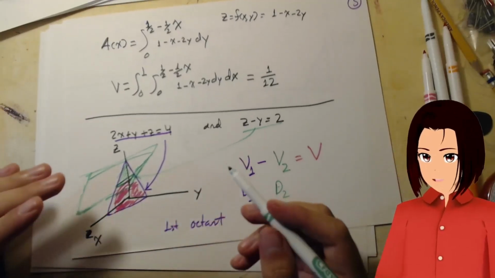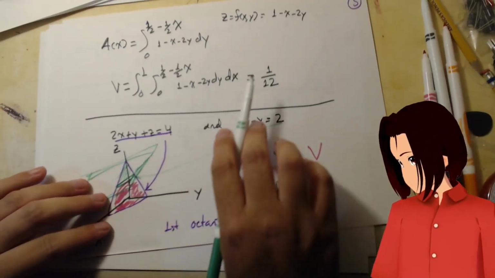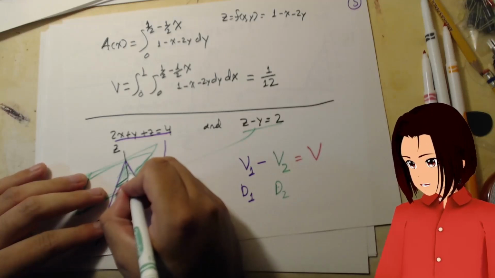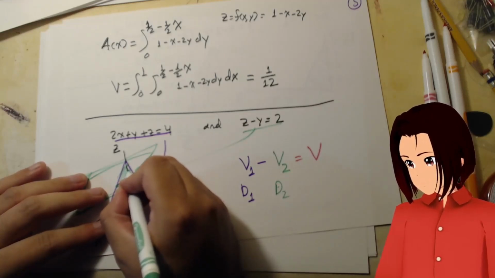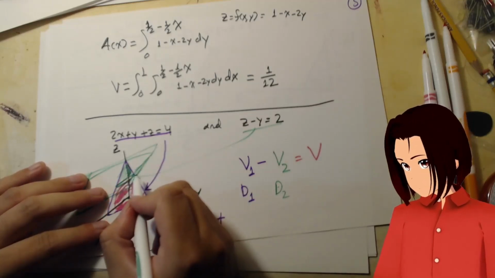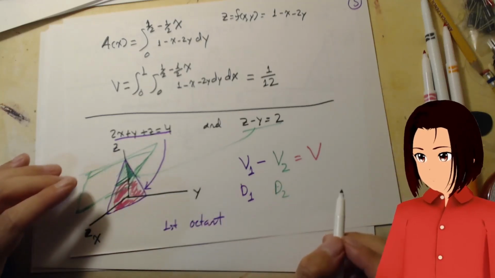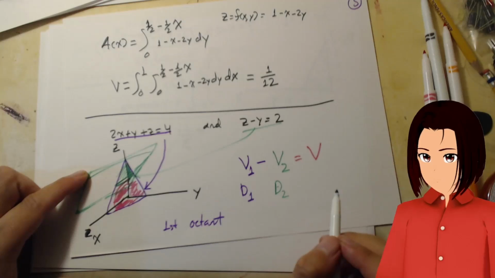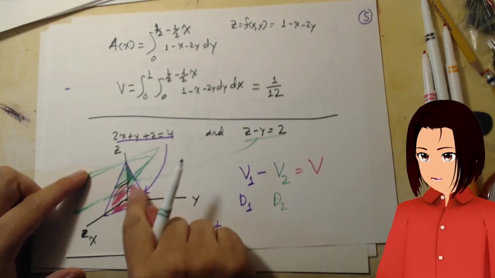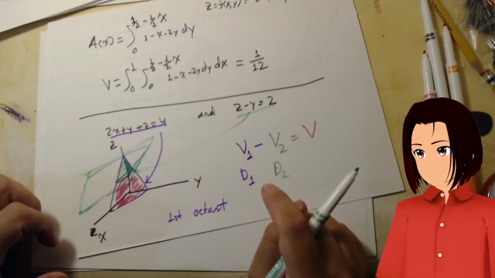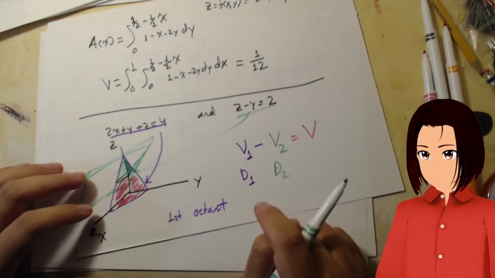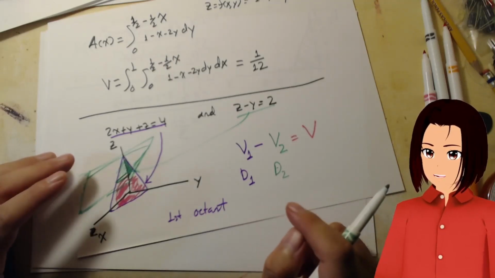So let's say I'm going to highlight our D2, and it's right here. It's bounded by this plane, and it's bounded by this guy right here. So we need to find that.